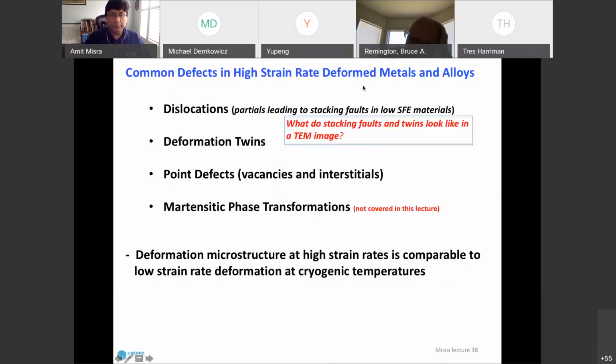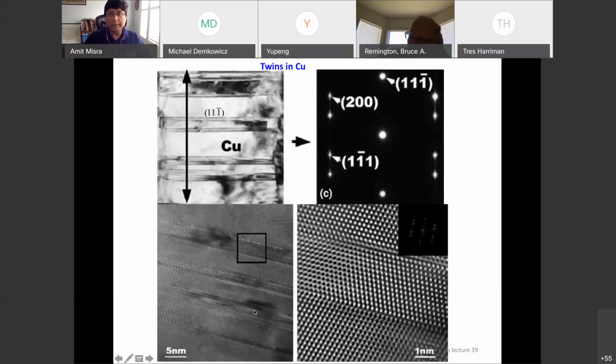This is a 110 zone axis pattern, and you can see the spots here. The signature of a twin is what is called spot splitting. Instead of one spot for the 200 plane, you see two spots. The spot splitting happens across the mirror plane, which is the twin plane. If I were to extend that twin plane, you see the spot splitting across that mirror plane.